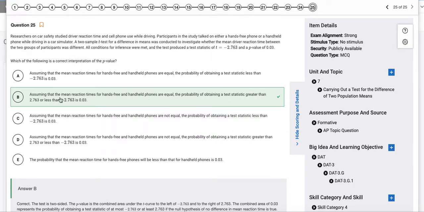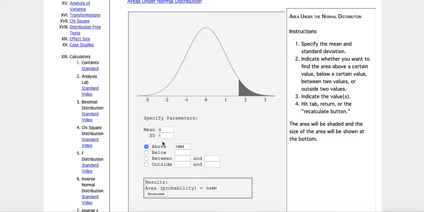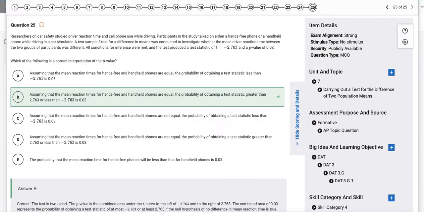Because it's two tails here, we know that it's on the right side of the curve. It's greater than 2.763, and on the left side, if you draw a normal curve, it's outside negative 2.763.